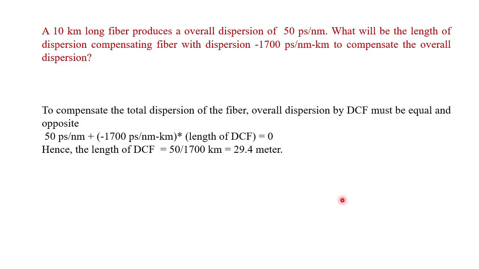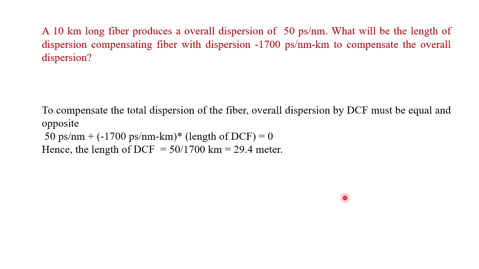Let us have a small numerical problem. A 10 km long fiber produces an overall dispersion of 50 picosecond per nanometer. What will be the length of the dispersion compensating fiber with dispersion minus 1700 picosecond per nanometer kilometer to compensate the overall dispersion?